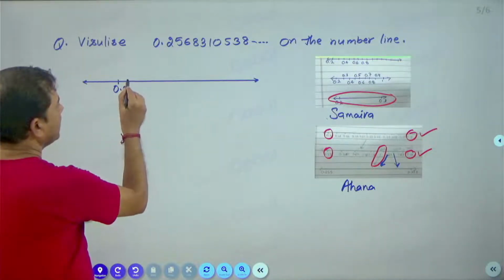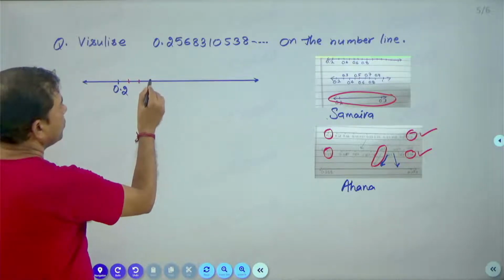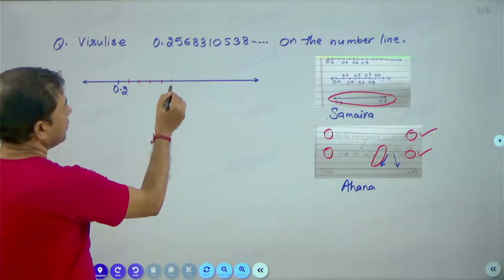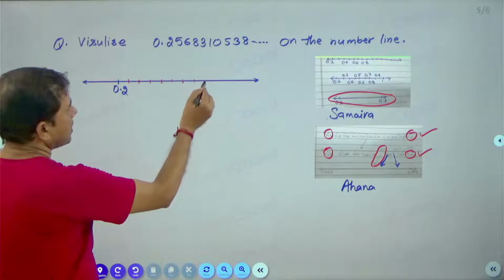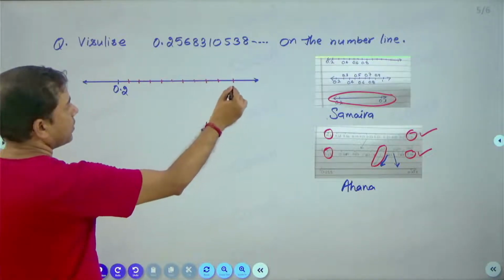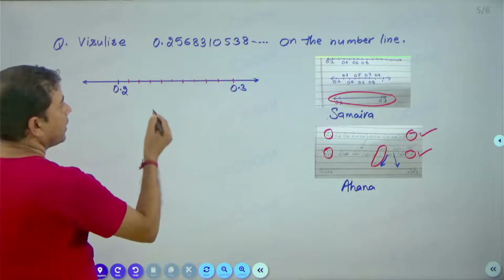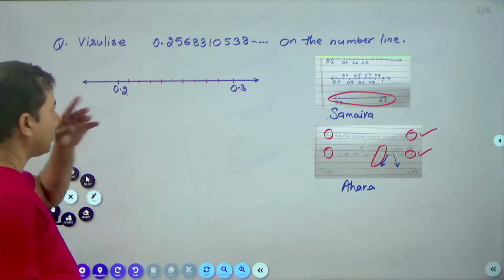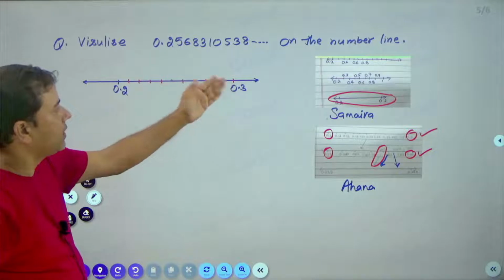0.2 and then 1, 2, 3, 4, 5, 6, 7, 8, 9 and 10. This is 0.3. I don't have much space, so I am not going to write each of them.